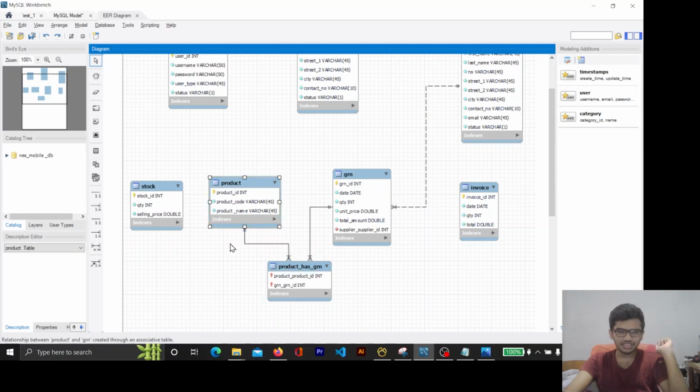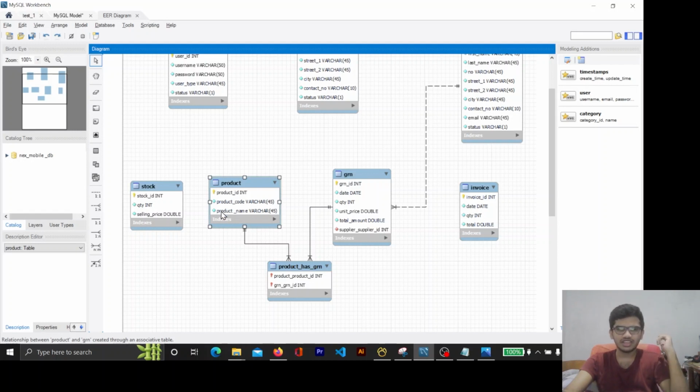What I want to say is that one stock can have many products, but products from different categories can't have the same stock.